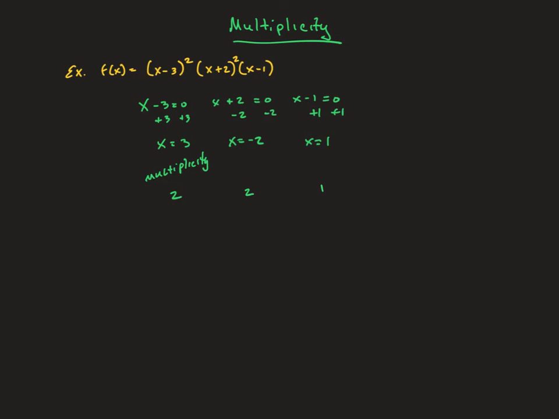When we go to graph it, because of multiplicity, we have even and we have odd, and that is going to dictate what happens to our function. My odd multiplicity crosses the x-axis, and my even multiplicity just touches the x-axis.